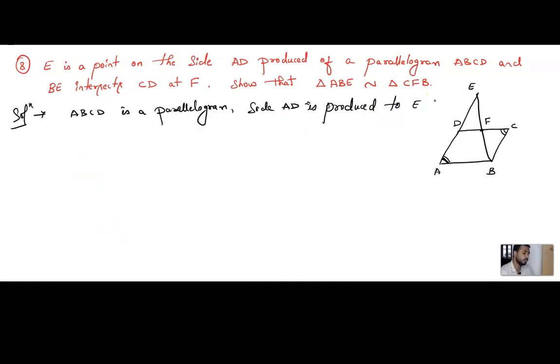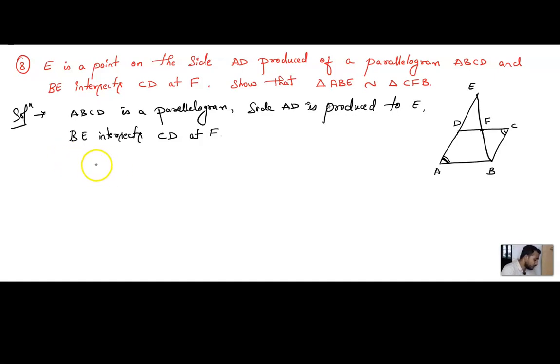E. We have produced side AD to E, and after that what we did, BE intersects CD at F. Correct, children? Now what we have to prove? We have to prove that triangle ABE is similar to triangle CFB.